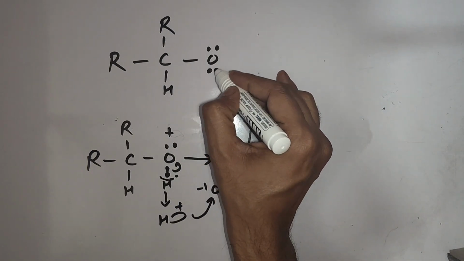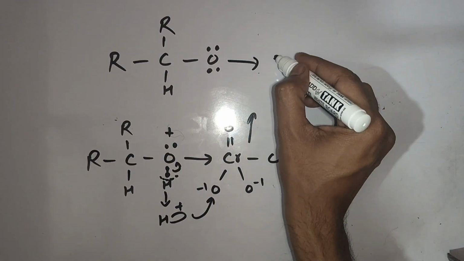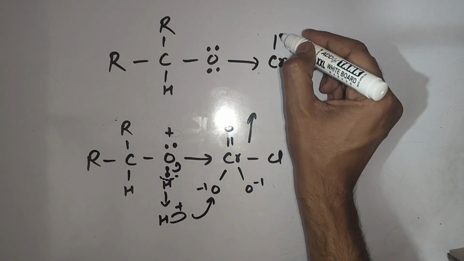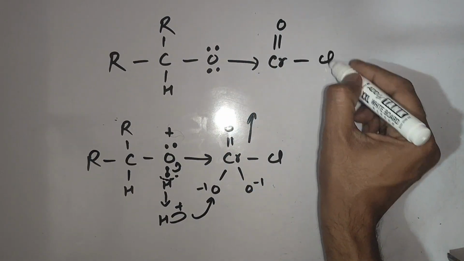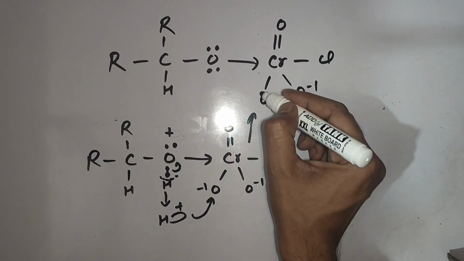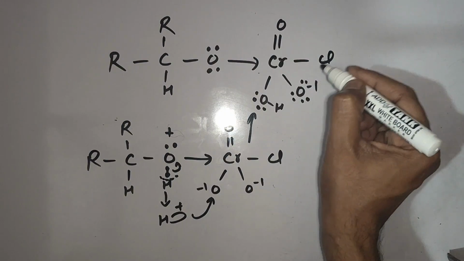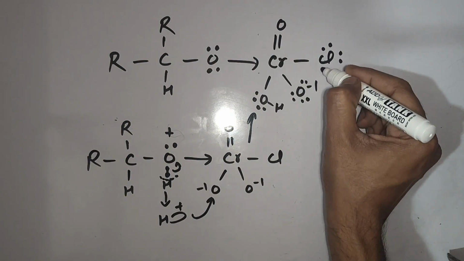This oxygen will be stable now because it got its electron back. Between chromium and this oxygen there is a dative bond. O negative, OH.